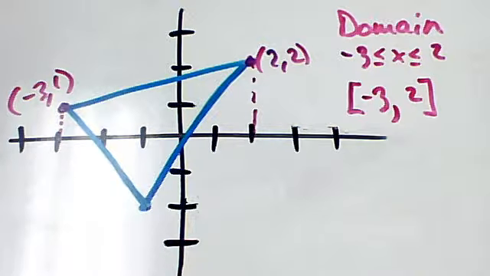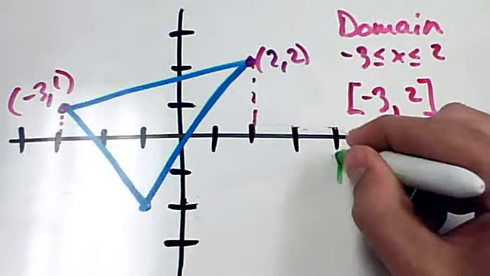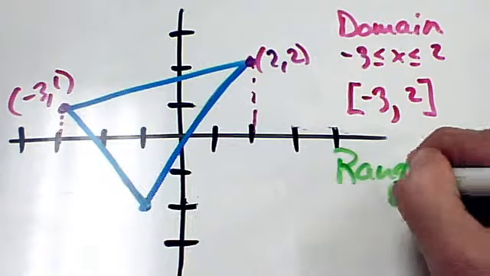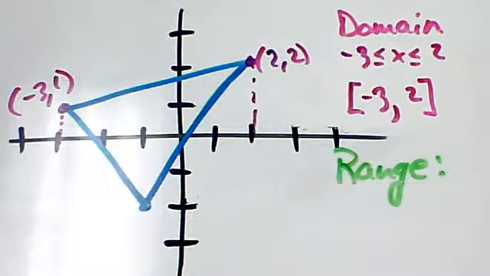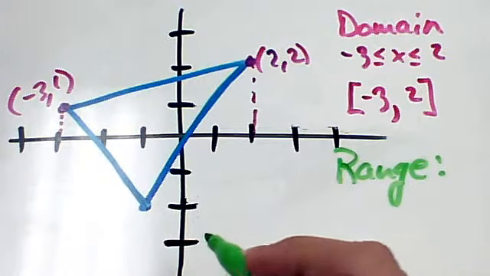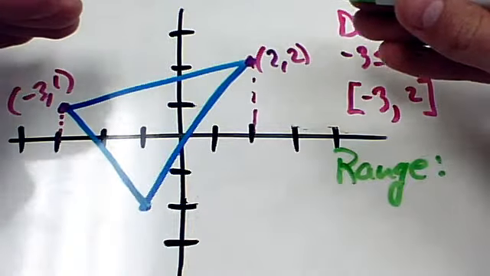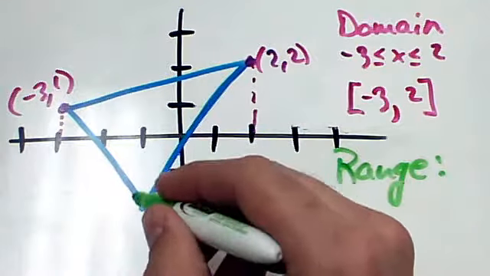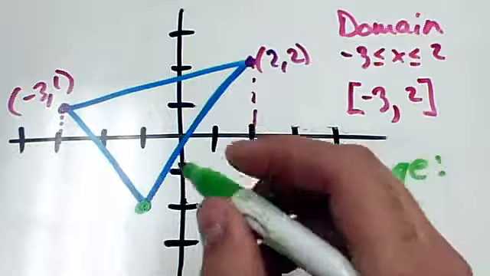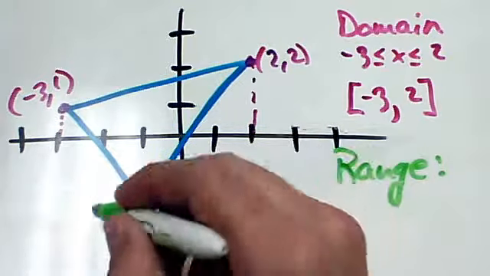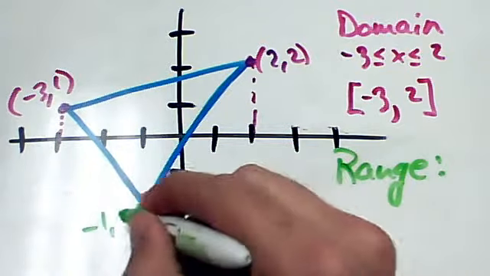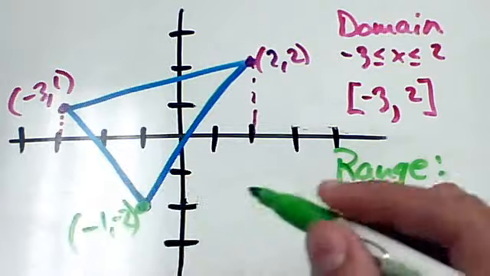Now, if I did the range, like we talked about in the last video, the range is all the outputs. So what that means here is that we want to find the bottom boundary and then the top boundary. It looks like the bottommost point is here, which is at (-1, -2).